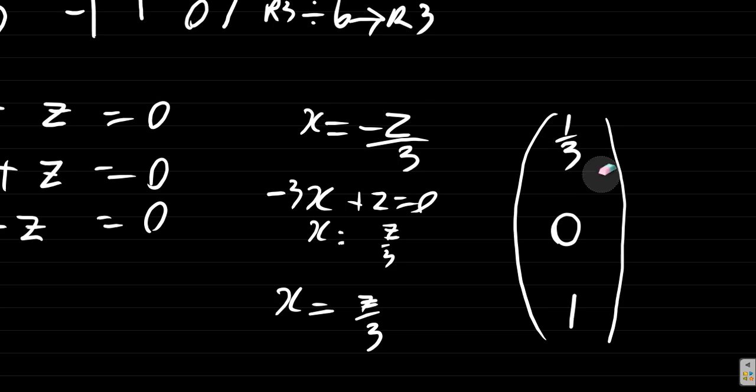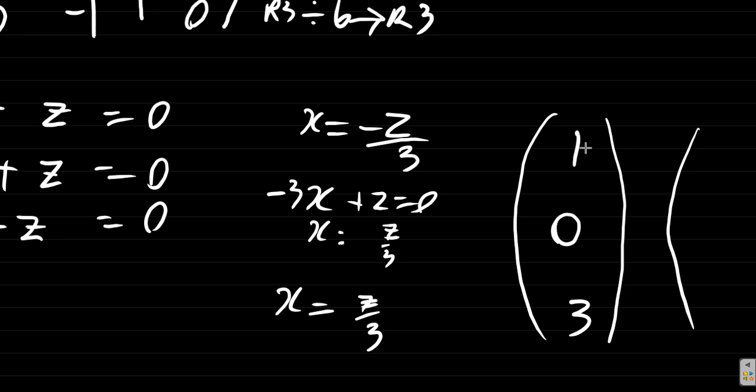Now if you multiply everything by 3, if you make z 3, then x is 3 over 3, which is 1. That is one vector. If you look at this and make z 3, x would be negative 1.